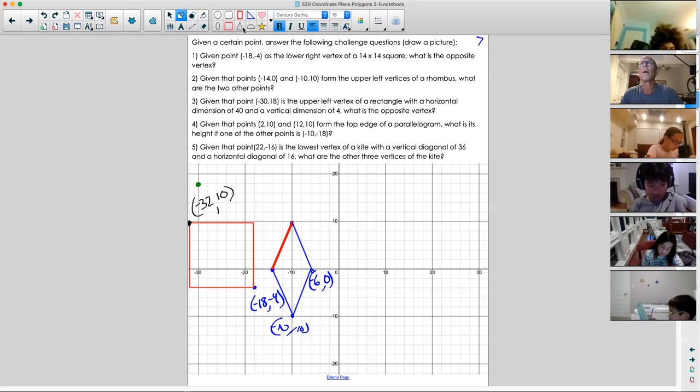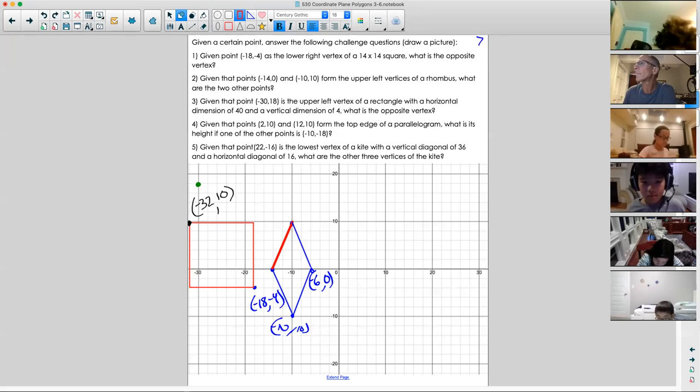And by units, do you mean the squares or do you mean the number? Well, the squares are only to help us locate. The numbers are what matter. So if the horizontal distance is 40, it is definitely not 40 squares. In fact, we know that that would be 20 horizontal squares.